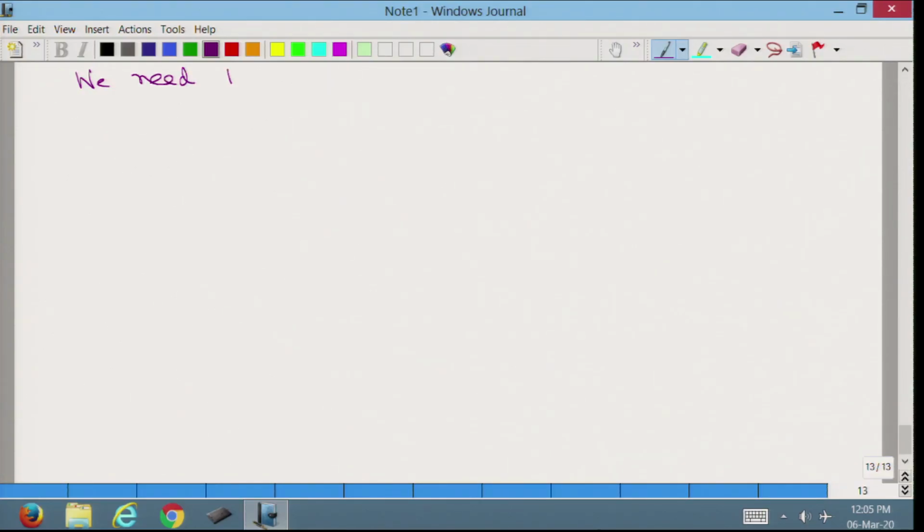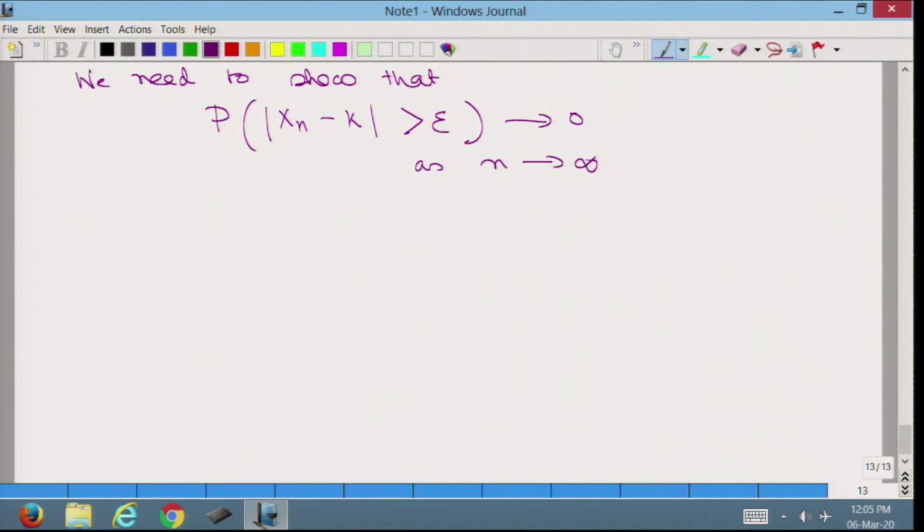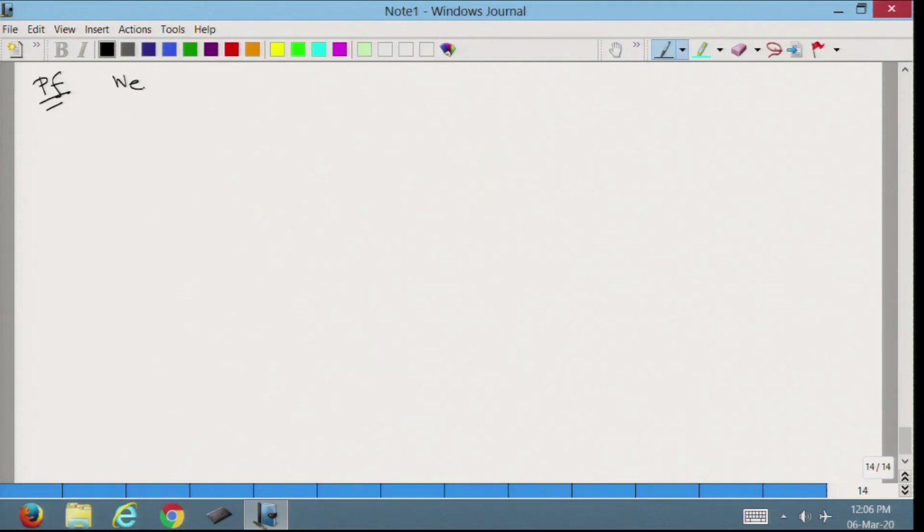If this is clear, then let us proceed as follows. We need to show that probability modulus of x n minus k greater than epsilon goes to 0 as n goes to infinity, where epsilon is a small positive number. So, proof: we have x n converges in distribution to k.